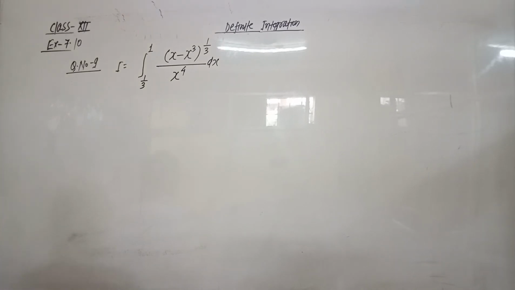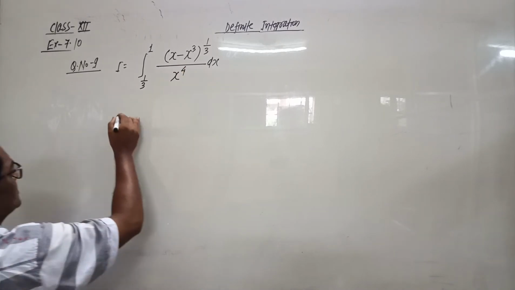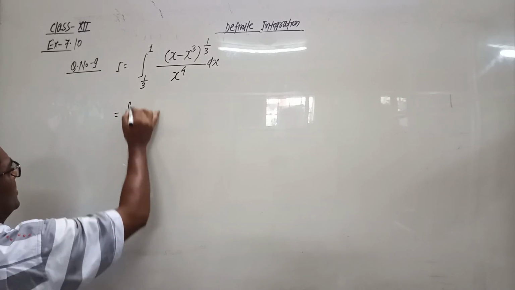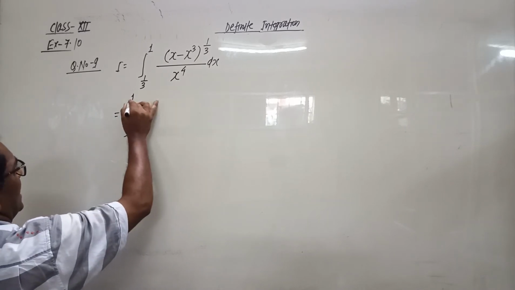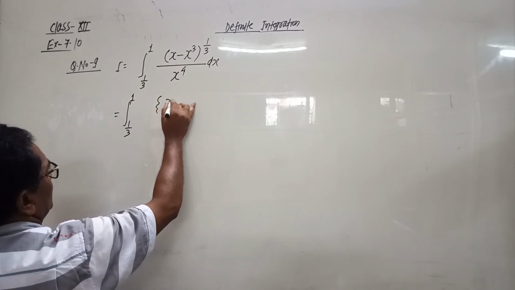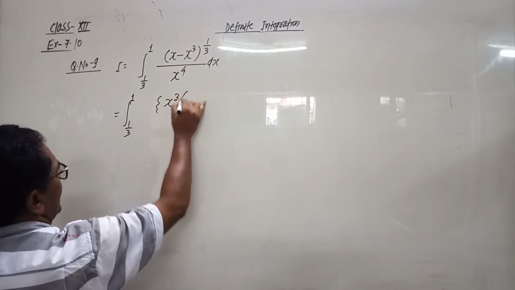So from the numerator we take x cube as common. Limit 1 by 3 to 1, and inside the bracket from the numerator we take x cube as common.